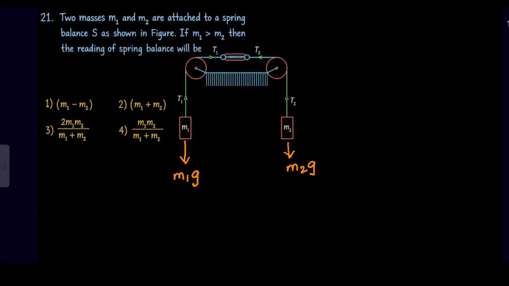M1 is more, so M1G is more. So this block will move in this direction with an acceleration A, and this block will move upward. Now find the acceleration. Remember the acceleration formula: net force by total mass.